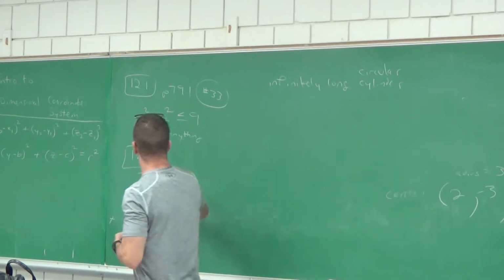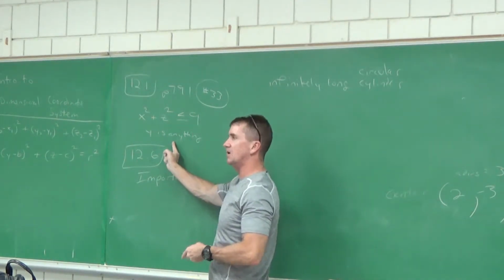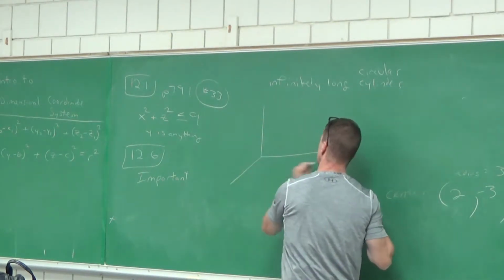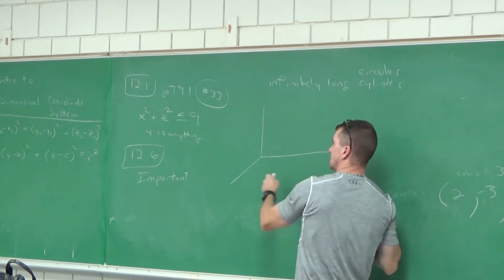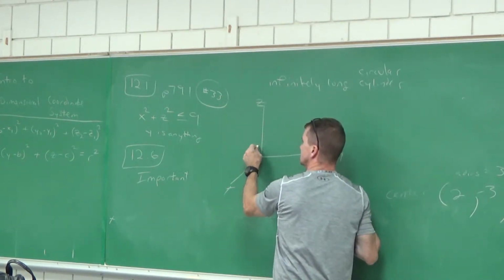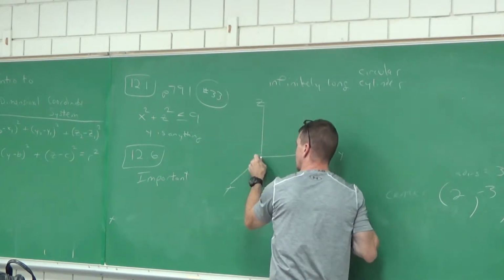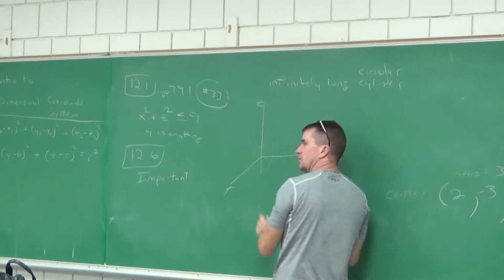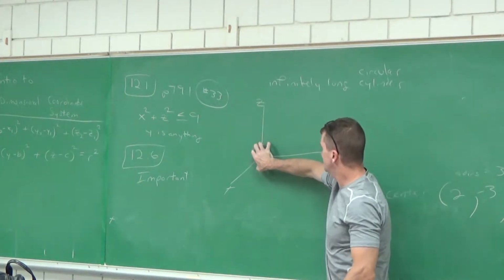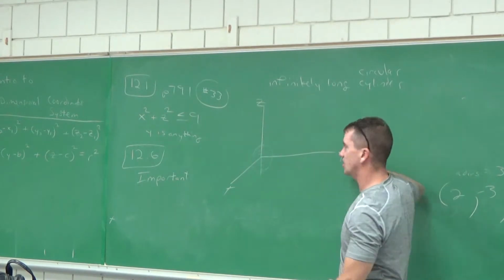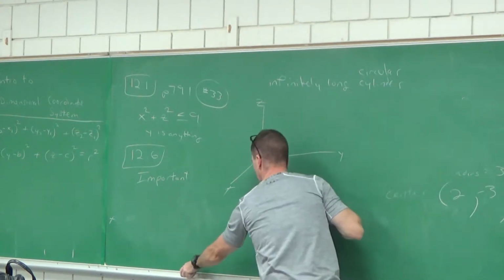It was the circle we were talking about, but y has to be what? Anything. So if you wanted a rough sketch, this was the y-axis, this was the z and this was the xz plane. I can make a radius. What was the radius? Radius of 3. You can distort it a little bit because it's three-dimensional space. But now y gets to be anything. So this will always occur all the way down here.